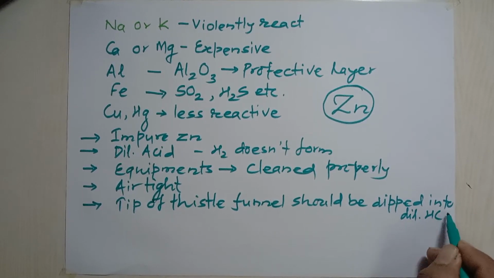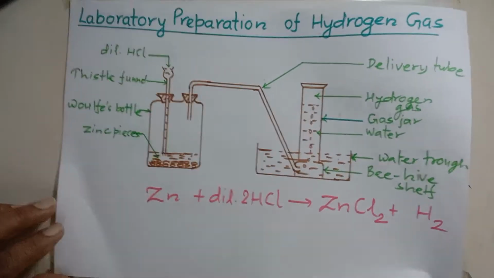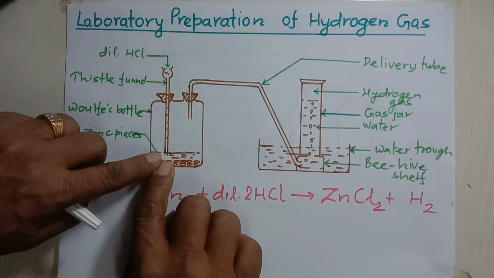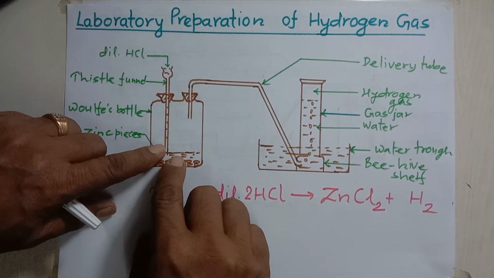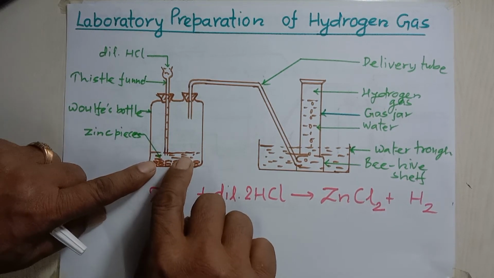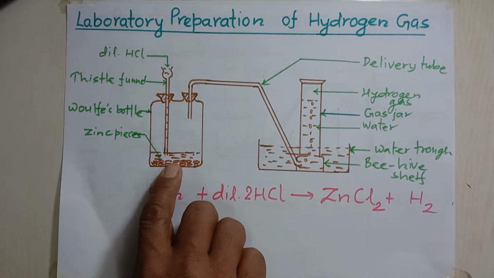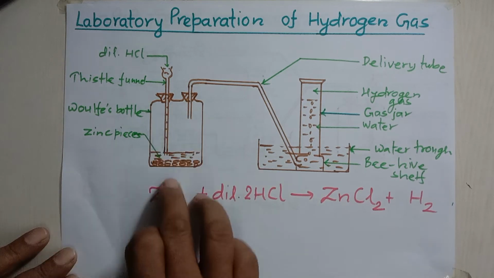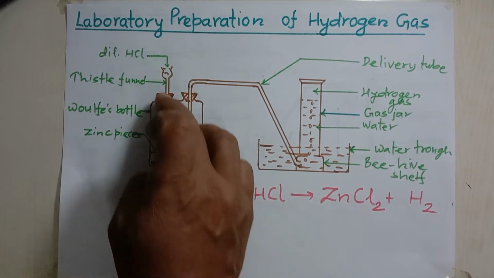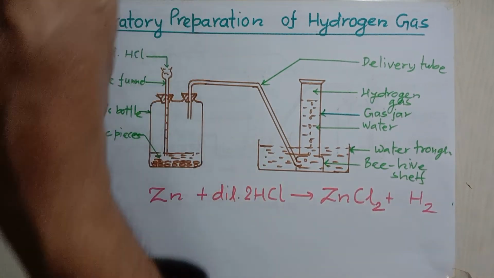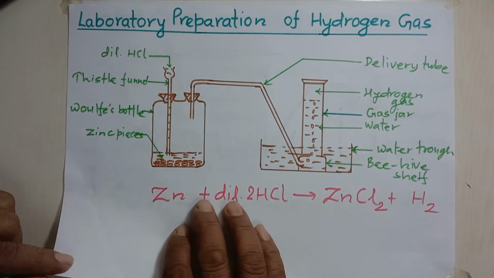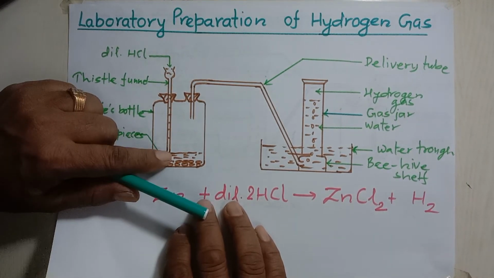What does it mean? Again, I want to show you the same diagram. Look at this. If this tip of the thistle funnel is not dipped into this, then what happens? The gas which is produced by the reaction of dilute hydrochloric acid and zinc goes out from this thistle funnel. Because the tip is not dipped, there is nothing inside this thistle funnel, and the gas gets outlet, and that's why it should be dipped into this.